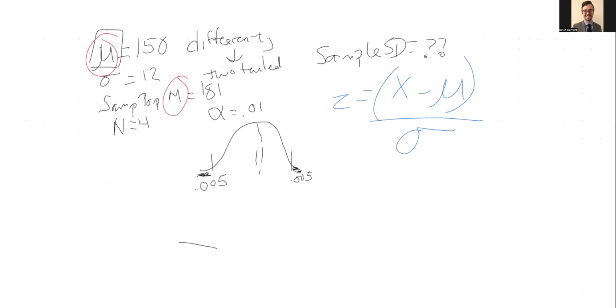The other says Z equals X minus mu divided by sigma M, and the formula sheet tells me that sigma M represents sigma divided by the square root of n.